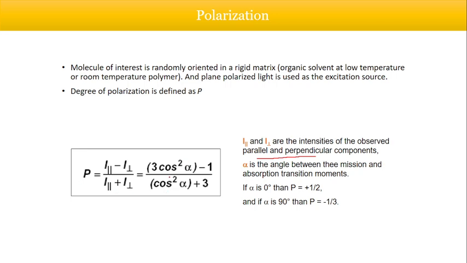That is, the intensity observed at the parallel component minus the perpendicular component, divided by the intensity observed at the perpendicular component plus the parallel component. So this is defined as the degree of polarization.